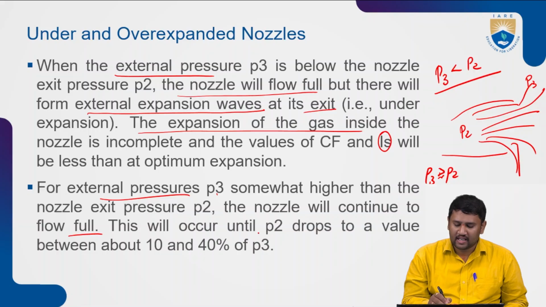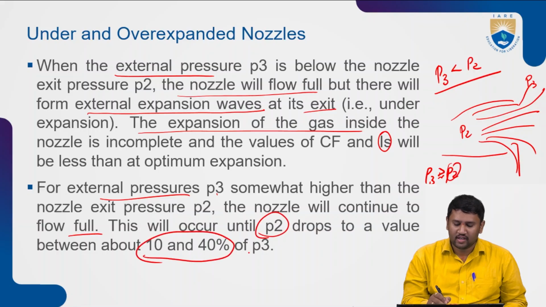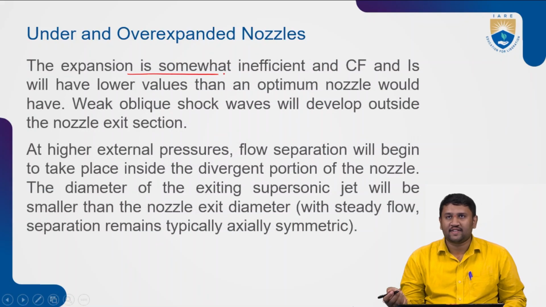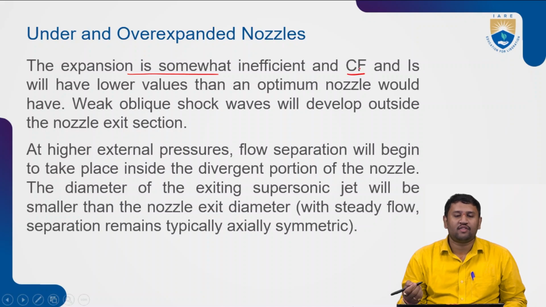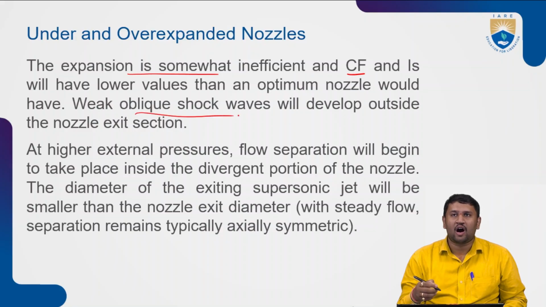This will occur until P2 drops to a value between 10 to 40% of P3. The expansion is somewhat inefficient, and the CF, particularly the thrust coefficient, will have lower values than the optimum nozzle would have, and weak oblique shock waves will develop outside the nozzle exit section.